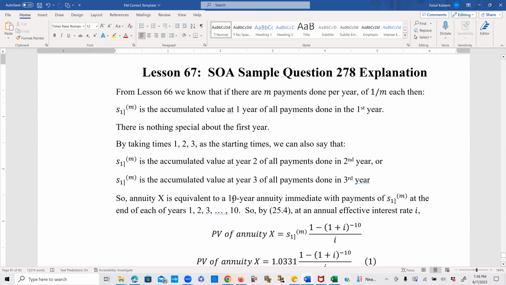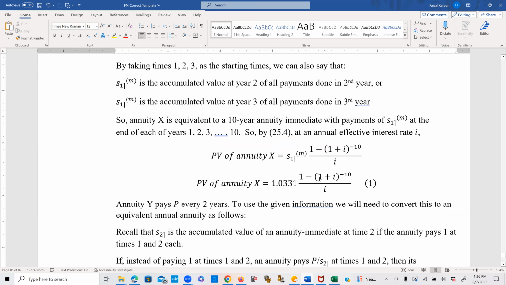So basically, it's a 10-year annuity immediate where each payment is S1M, and that's the usual annuity immediate that we are familiar with. And so the present value by equation 25.4 would be each payment, which is S1M in this case, times 1 minus 1 plus i to the negative 10 over i, where i is the annual effective interest rate.